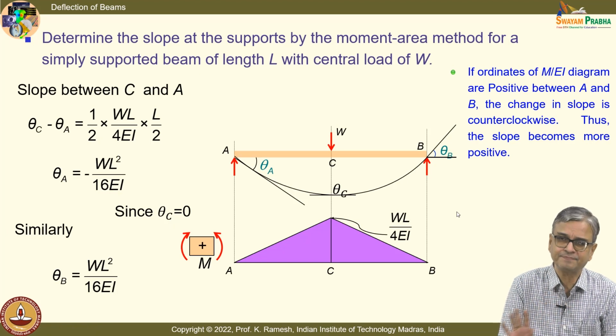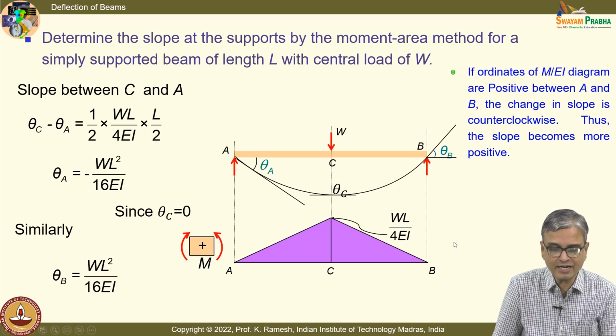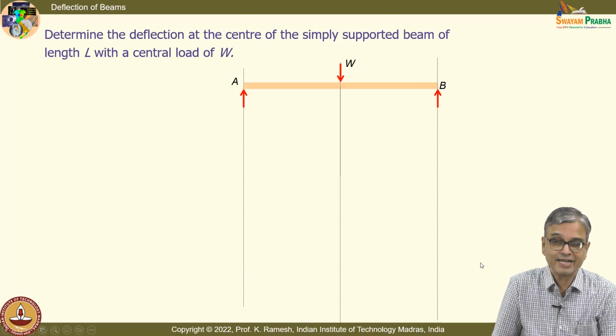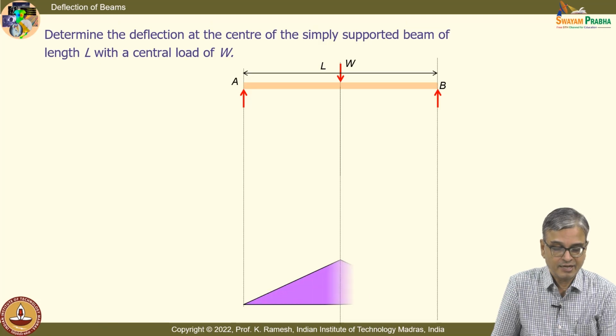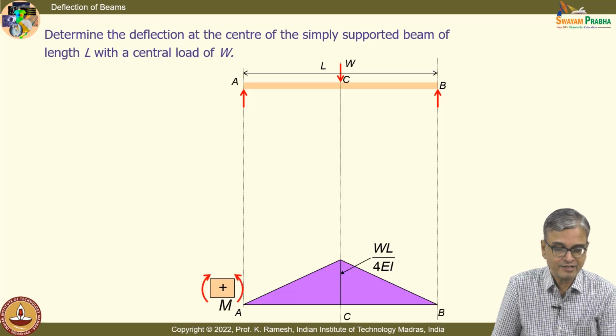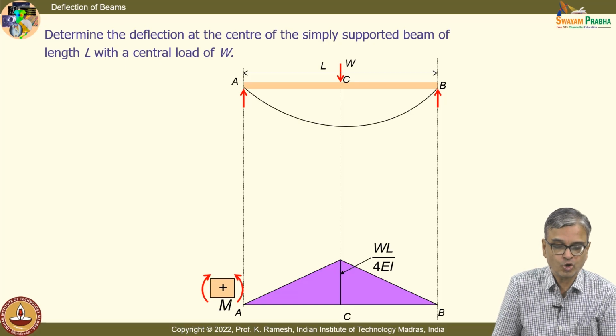Is the idea clear? Now, let us see how we go and find out the deflection at this point. Again, I have to do a circus. I have already determined theta A, so I will use that to advantage. I have this M by EI diagram here. I have drawn it far away so that you get the slopes drawn decently.